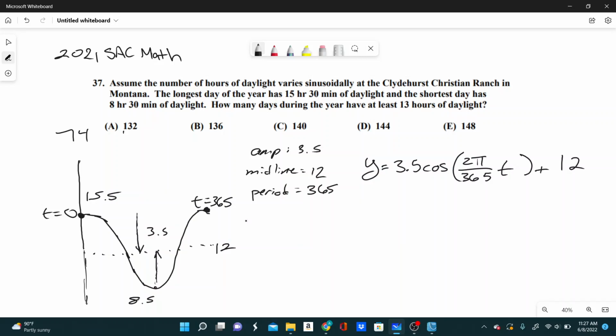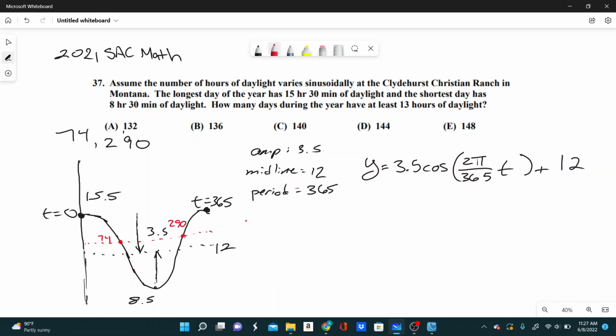So we have 74 and 290. Okay, if this is 12, then 13 should be something like this. So this right here will be around 74, and this right here will be around 290.